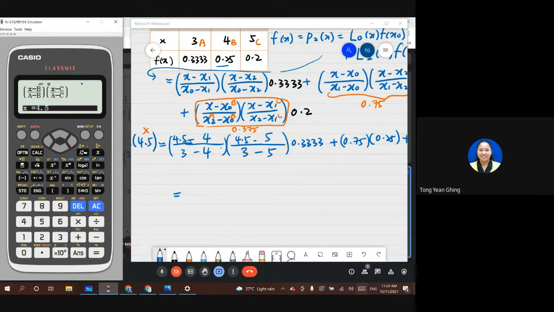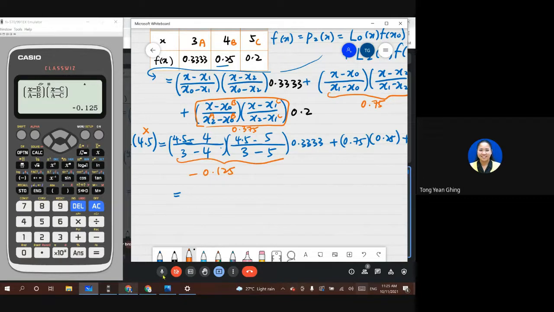Calculate. So x is still 4.5. B is x1. X1 is 4. And then a is 3. C is 5. So this is negative 0.125.